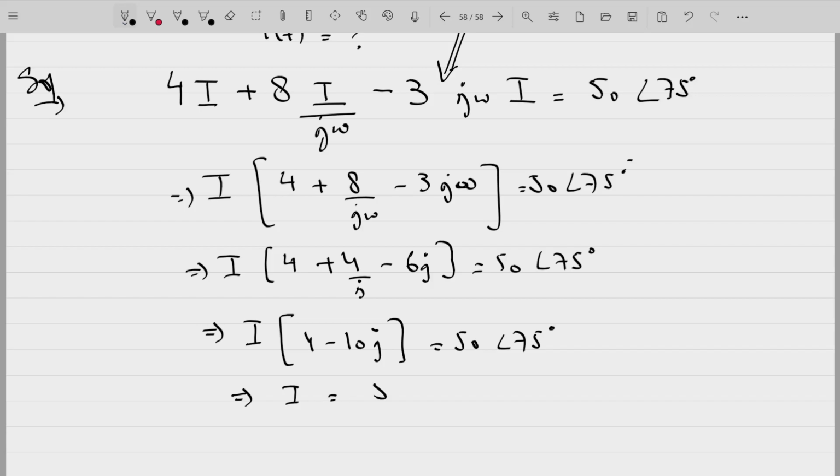So I is equal to 50 angle 75 degrees divided by 4 minus 10j.